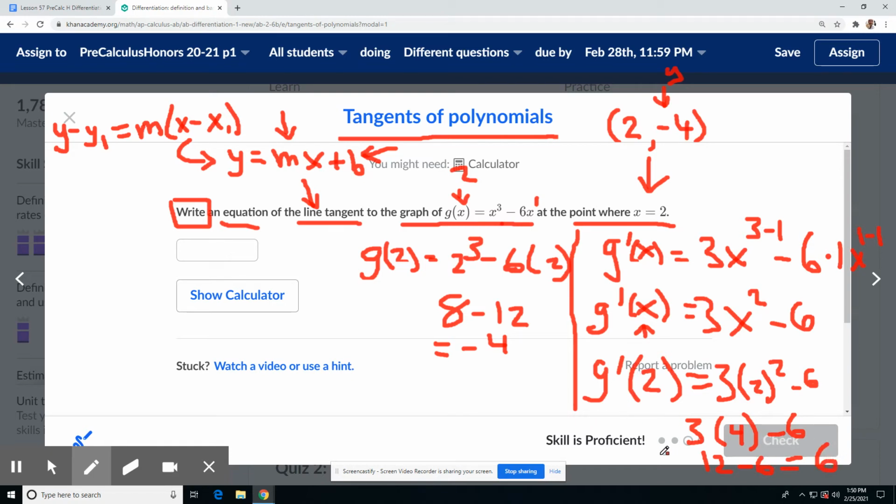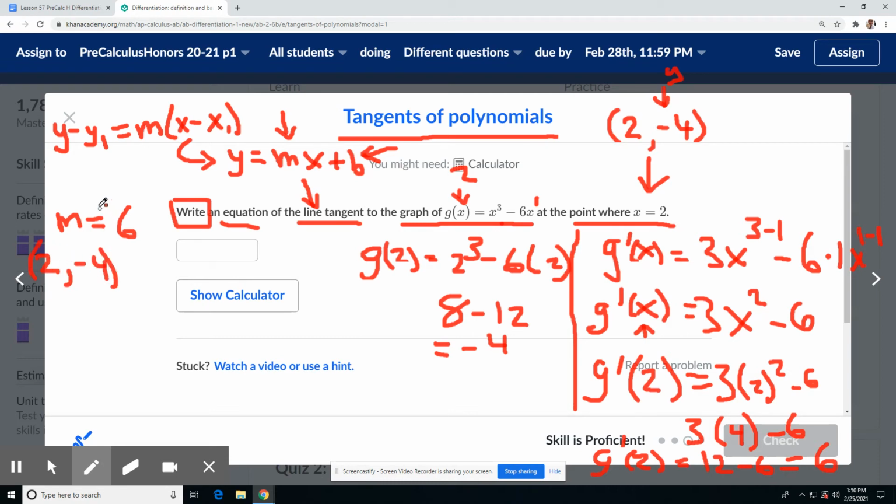So that's our slope. g prime of 2 is equal to 6. So our slope at 2 is 6. Our m is 6, and our point we're looking at is 2 comma negative 4.